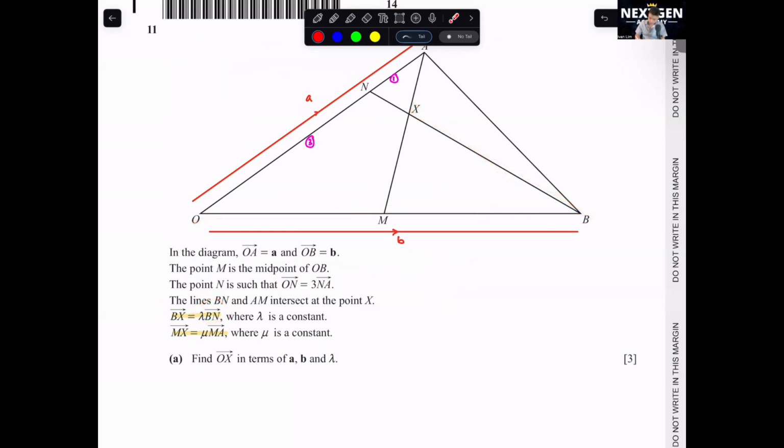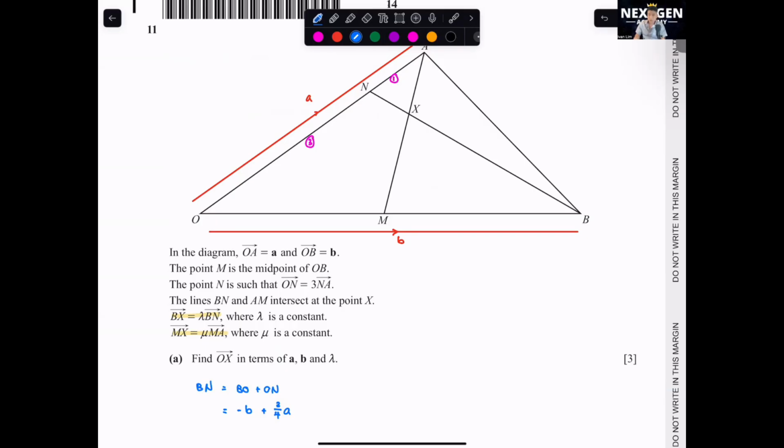Let's find what BX is first. BN is BO plus ON. BO is negative b, ON is 3 over 4 a.